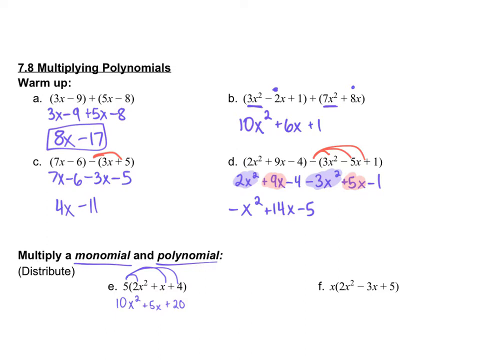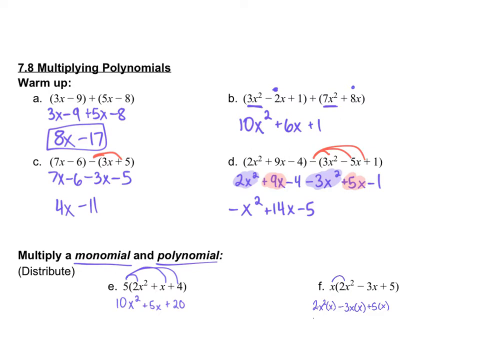All right, now for F, we're multiplying x into our polynomial. So x times 2x squared minus 3x times x plus 5 times x. So really this 2x squared times x is 2 times x squared times x.